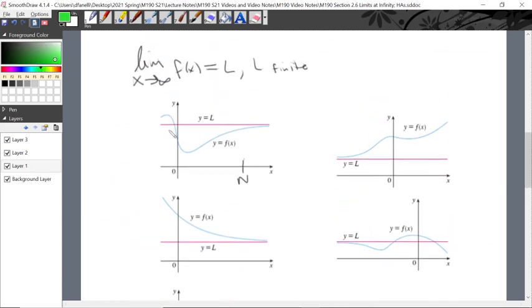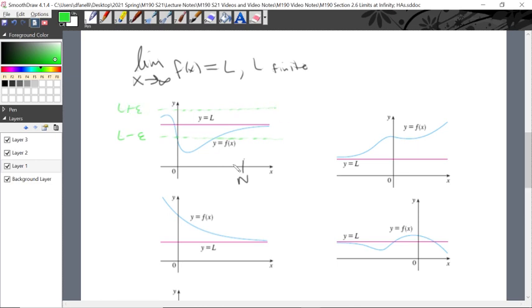So for example here, here's L. Let's say L minus epsilon is around here, and let's say this is L plus epsilon up here.